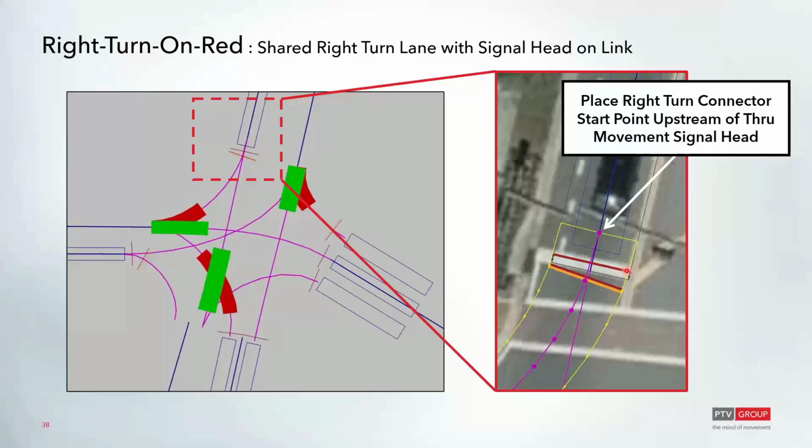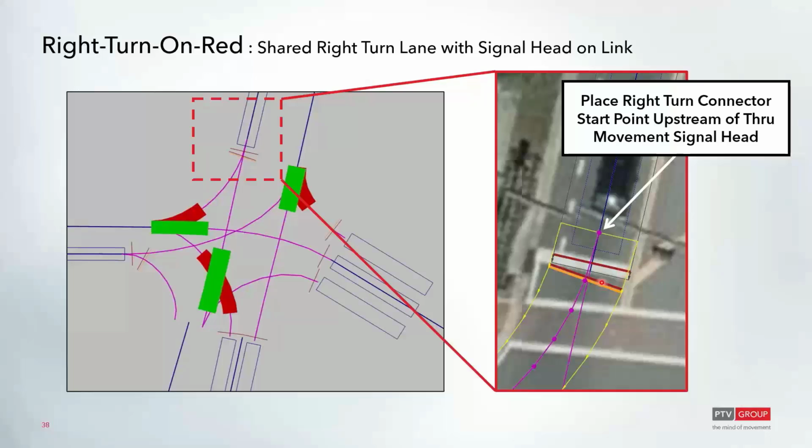But if you are modeling a signal head on the link itself, and also happen to have a shared right turn lane with a through lane, like in this case, we've got our right turn connector and then our through connector here, we'll need to be a bit more careful about how we place the connectors themselves. So in this case, again, we have our main link with the main signal head placed on the link itself.